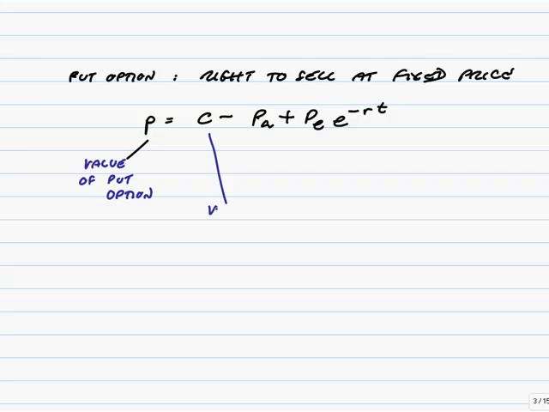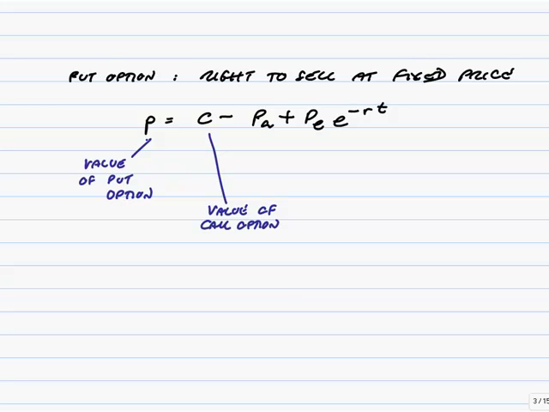C is the value of a call option. So in fact, for the exam, valuing a put option is actually less likely, because in order to value a put option, you always need to value a call option first. So you'd always need to have done part A of this question, even if it was a put option we were ultimately after.